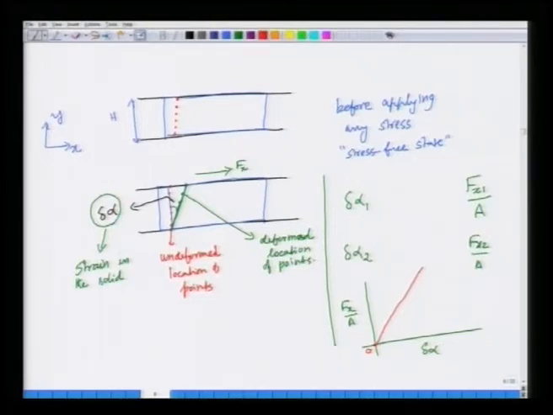So, if you were to do these experiments for purely elastic solids, this Fx by A is called the stress, and stress is denoted by the Greek letter sigma. You will have two subscripts: x is the direction of the force, and y is the direction of the normal over which the force is acting.